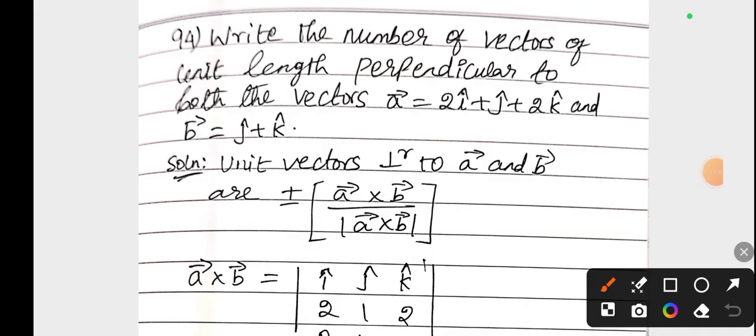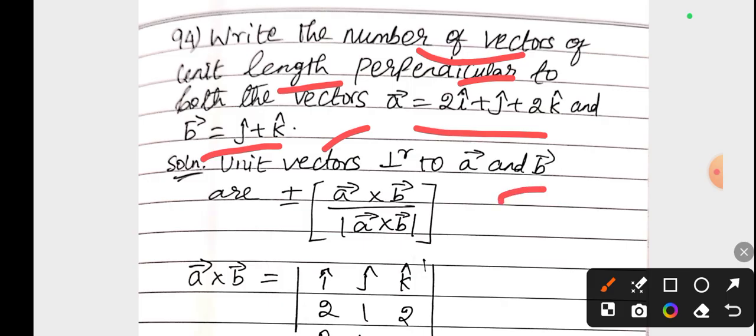Write the number of vectors of unit length perpendicular to both the vectors, A vector and B vector. You know, it is there even in NCERT, and unit vectors perpendicular to A vector and B vector are plus or minus A vector cross B vector by magnitude of A vector cross B vector.